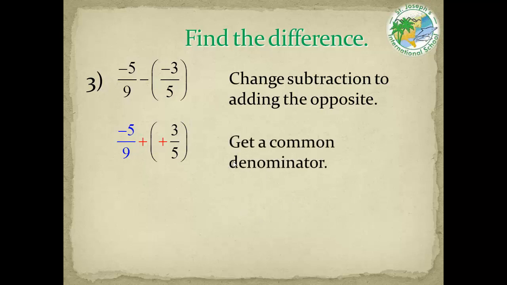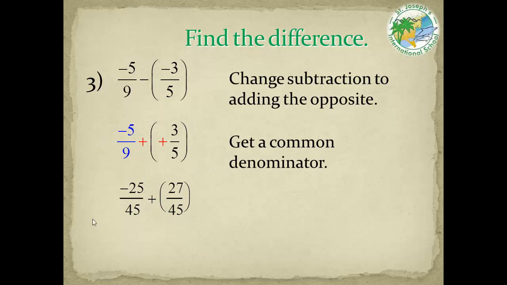Now get a common denominator by multiplying each numerator and denominator. Multiply by 5 for negative 5 times 5, negative 25. 9 times 5 equals 45, plus 3 times 9 equals 27. 5 times 9 equals 45.